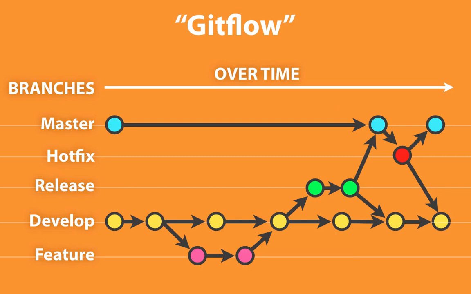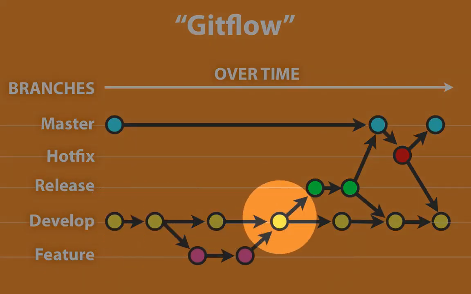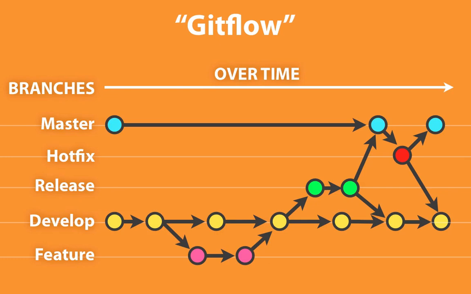But there are still a couple of problems with that model. Since we're using our development branch to push directly to production, that branch could have some immature features or changes that we don't intend to push. Also, it doesn't give us a chance to test out our release code before we put it into production.